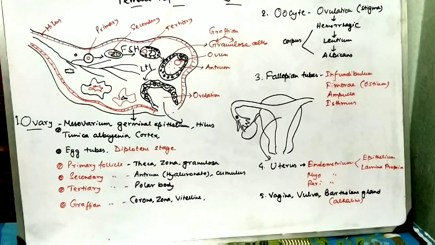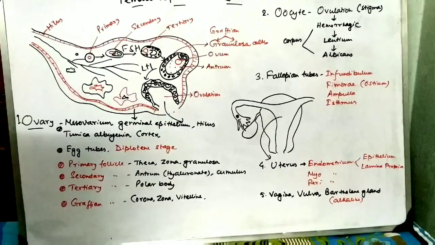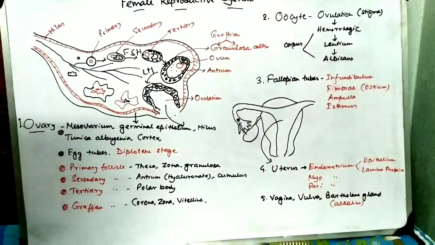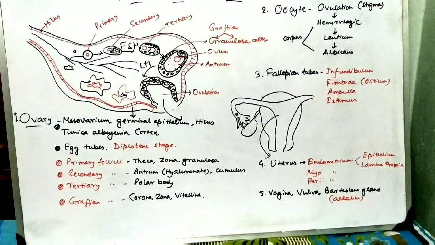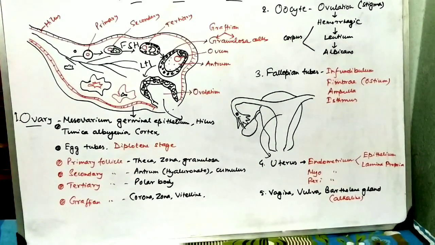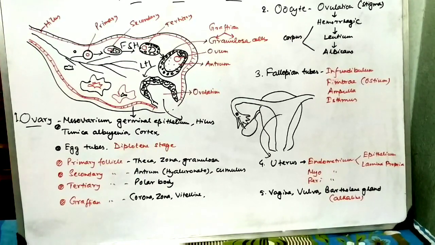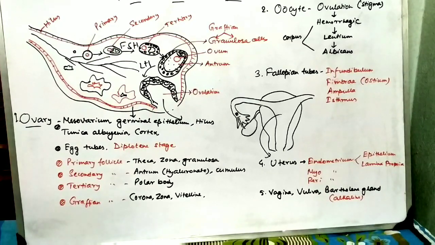The endometrium has two layers: one is the epithelium and another is the lamina propria. The epithelium is actually sloughed off during the menstrual phase of the menstrual cycle.